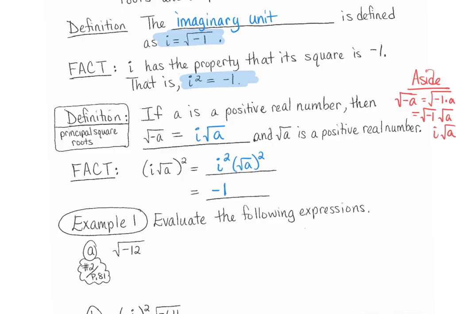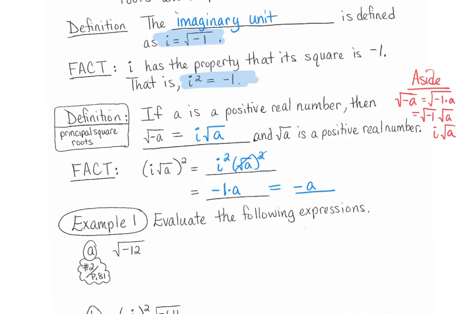And the square root of a squared is a, because the square root and the square cancel to give us a. -1 times a is really just -a. Good. That's a fact. So let's go through an example.